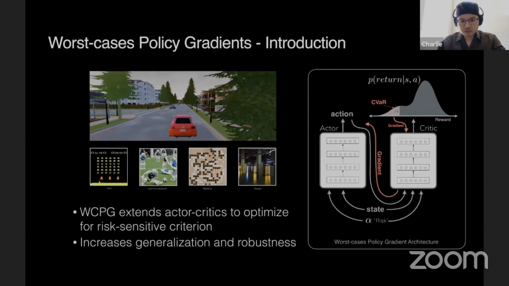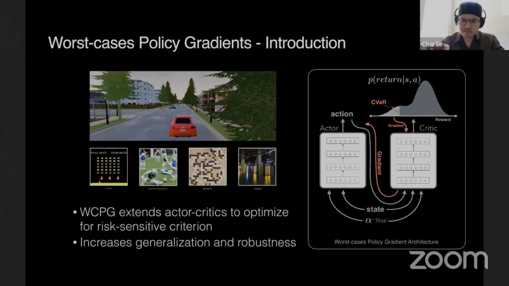For this, we introduced what we call worst case policy gradients. The idea is that because there's inherent uncertainty in the environment, we want to model the entire return not as a single scalar, but as a distribution. We're still going to use something like actor-critic, a standard reinforcement learning technique in the space.